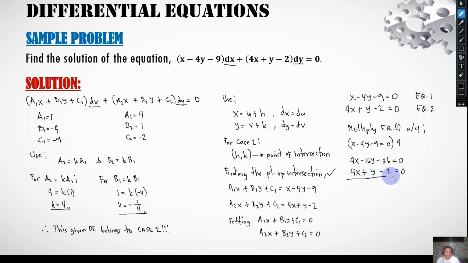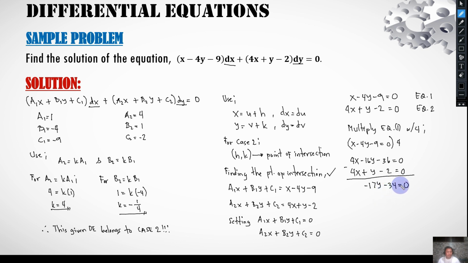So, by this, no, actually, we are eliminating, no, our x, kaya tayo nag-multiply ng 4 dito, no? So, 4x minus 4x is 0. So, negative 16y minus y. So, magiging negative 17y. Saka, minus 36 minus negative 2. So, ito ay magiging positive, no? So, minus 36 plus 2. So, minus 34 is equal to 0.